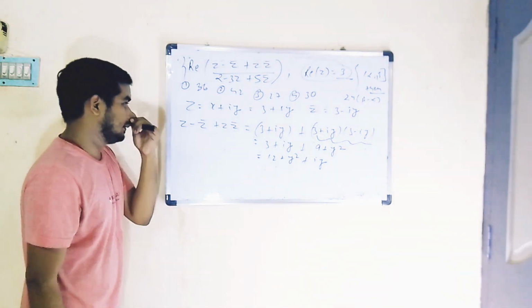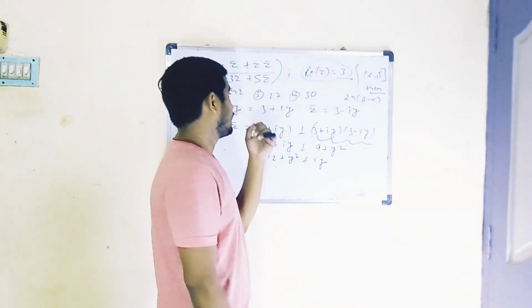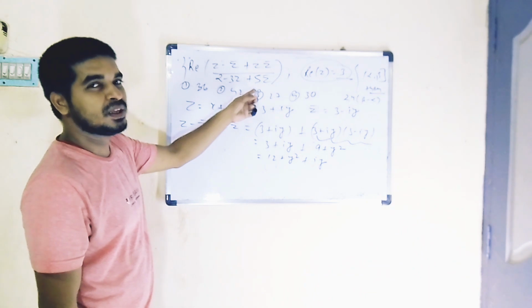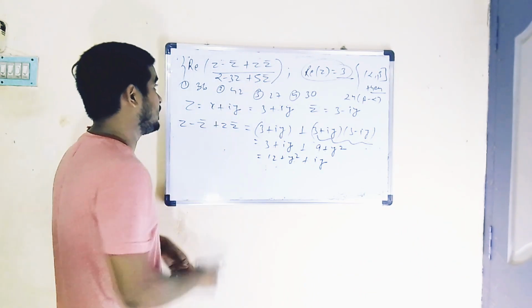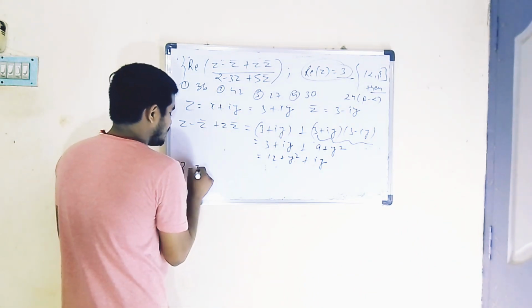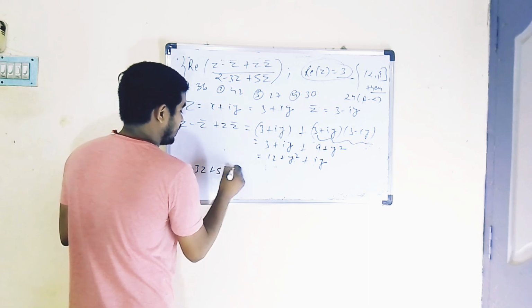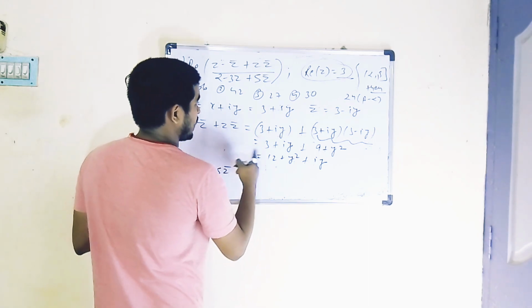Now listen carefully. What is 2 minus 3z plus 5 into z complement? Solve that. 2 minus 3z plus 5 of z complement equals 2 minus thrice of z.